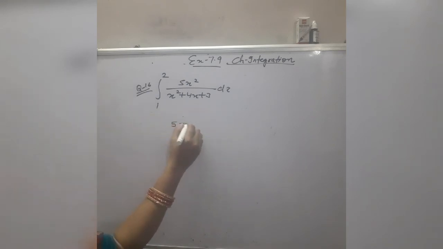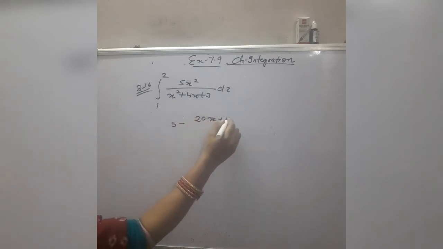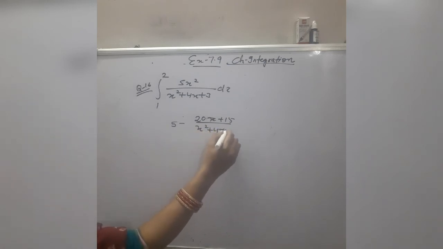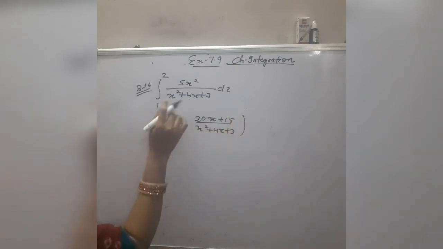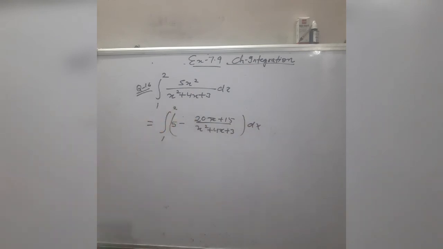So after dividing you will get 5 minus 20x plus 15 divided by x square plus 4x plus 3. This complete term is broken down into two parts. Now we will integrate it. All of you know that integration of 5 is 5x.